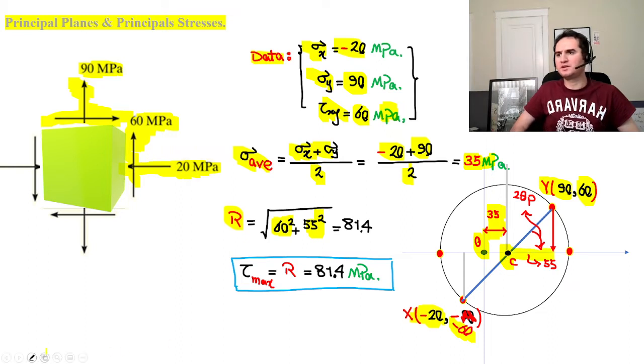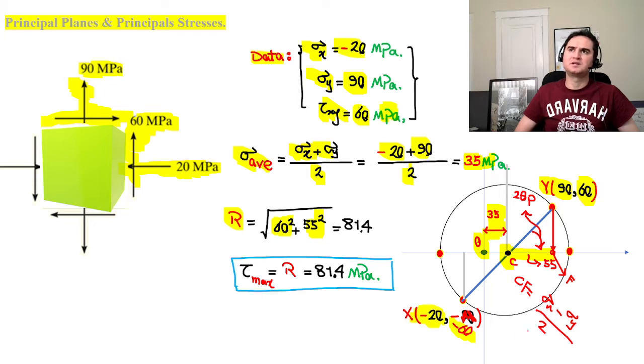If we call that point F, then CF is simply sigma x minus sigma y over 2.